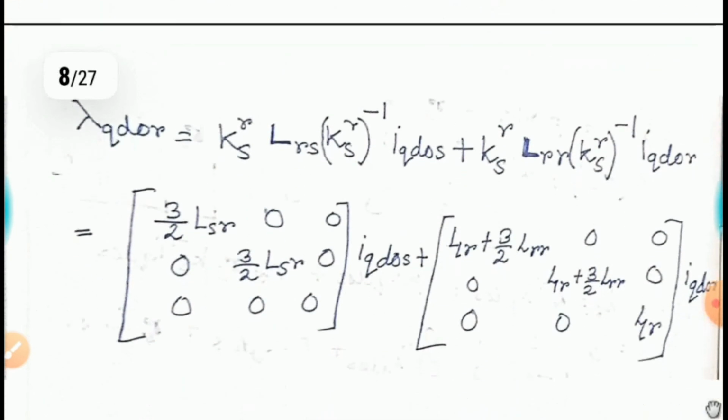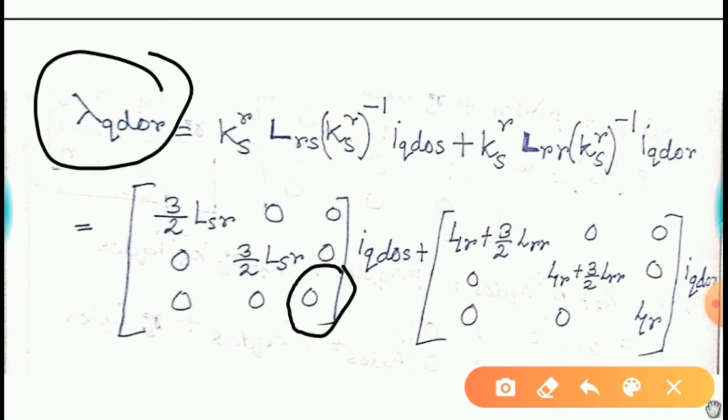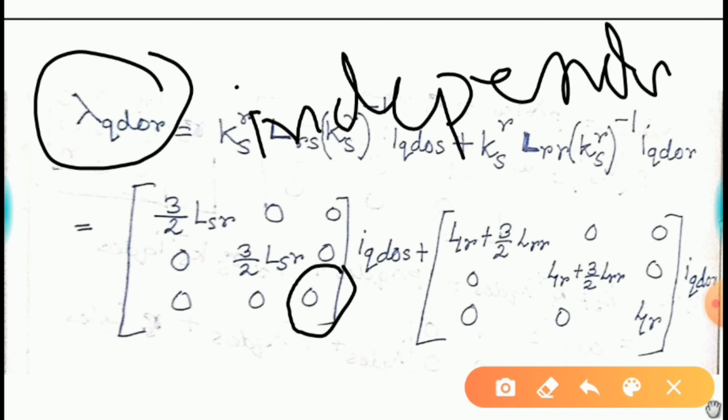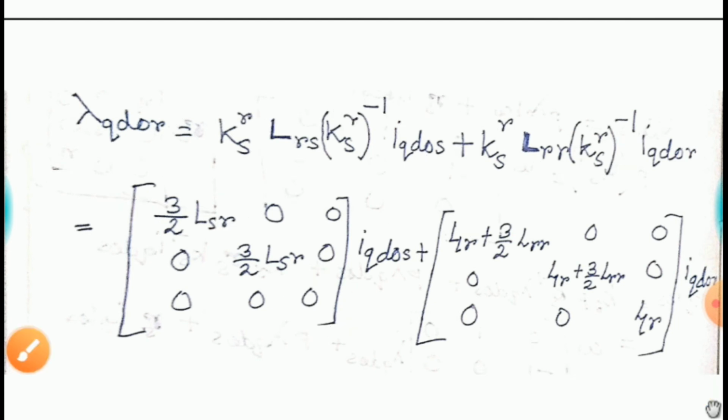And similarly here also, like the previous case, lambda naught r is independent of i naught s, right? So that is a very important observation.